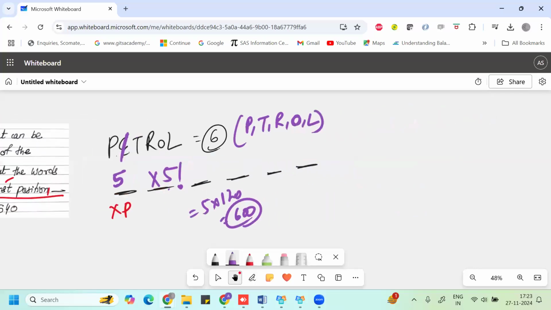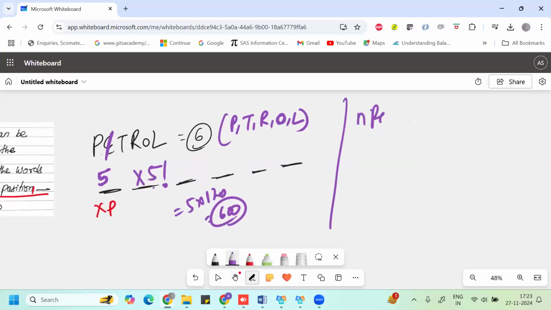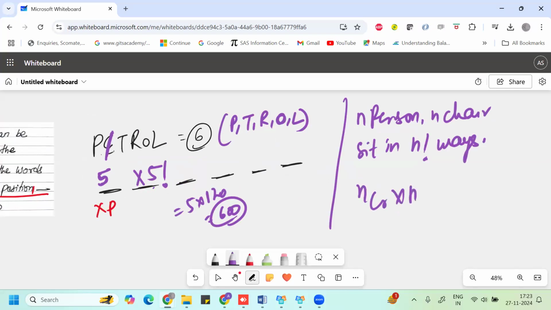And this is like this. So n persons, n chairs, and they'll sit in how many ways? They'll sit in n factorial ways. Are you getting this? That is nothing but nCr into n factorial, and that is nothing but nPn, which is n factorial.